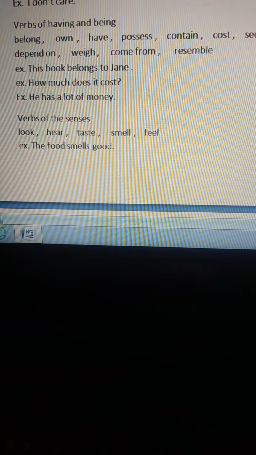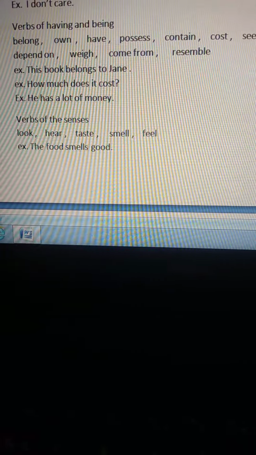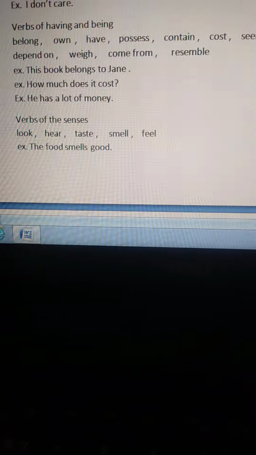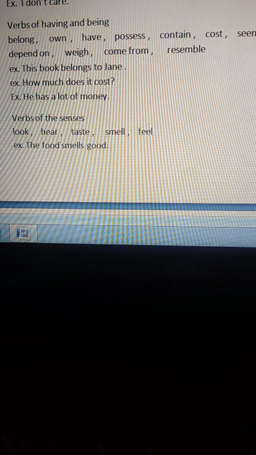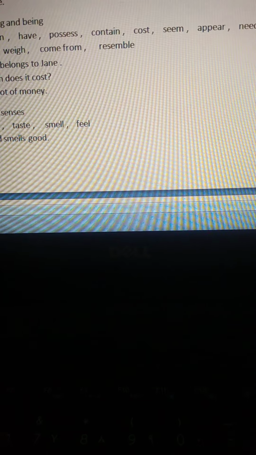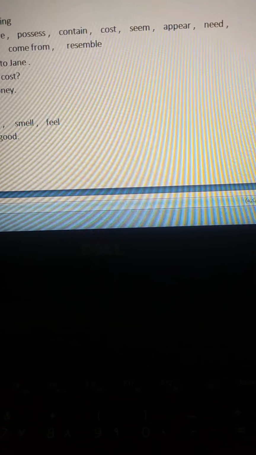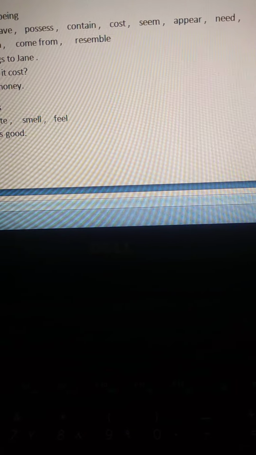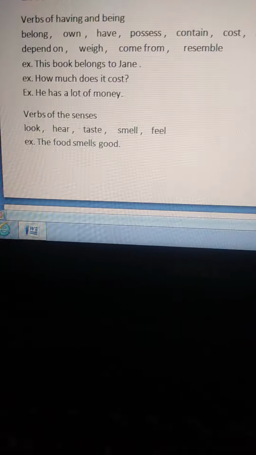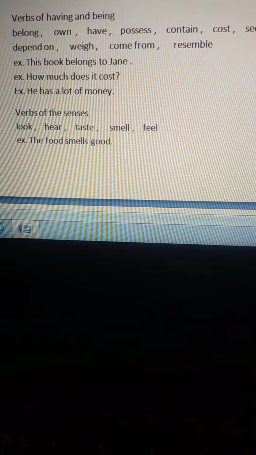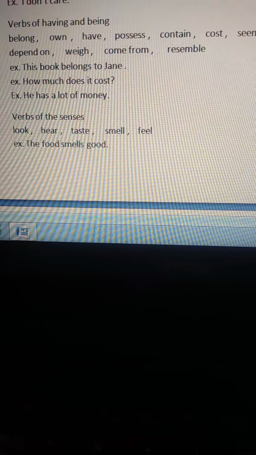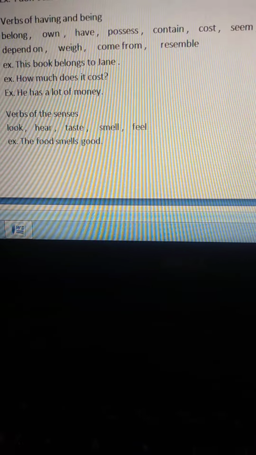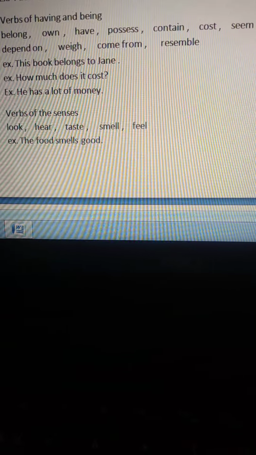Belong, own, have, possess, contain, cost, seem, appear, need, depend on, weigh, come from, resemble.